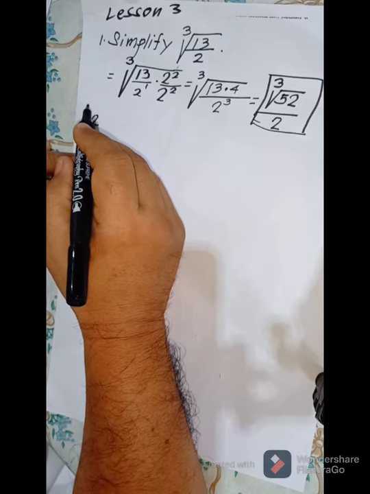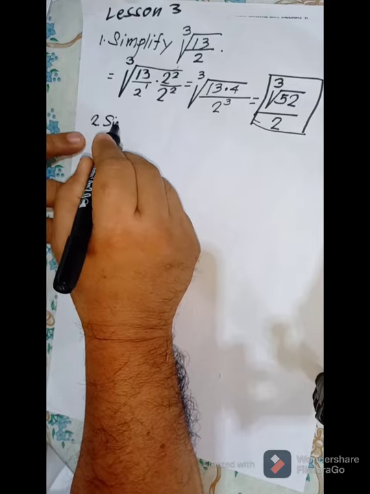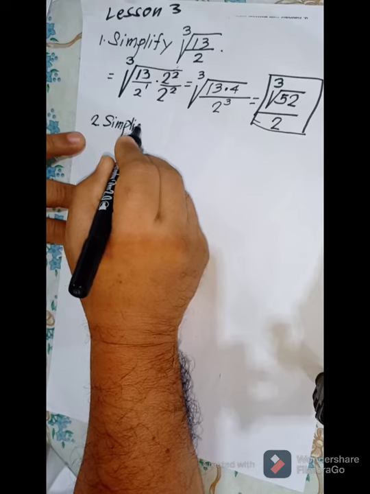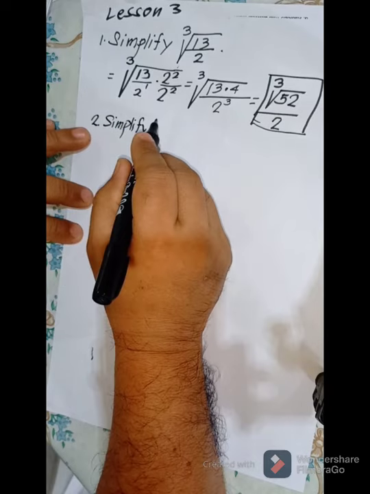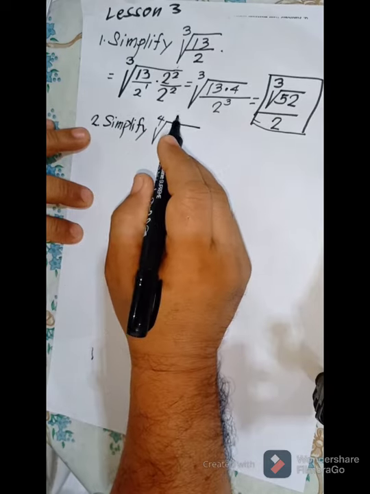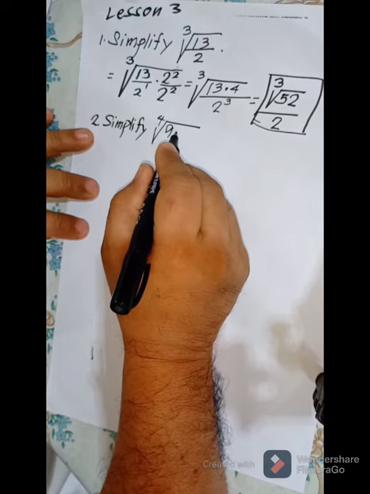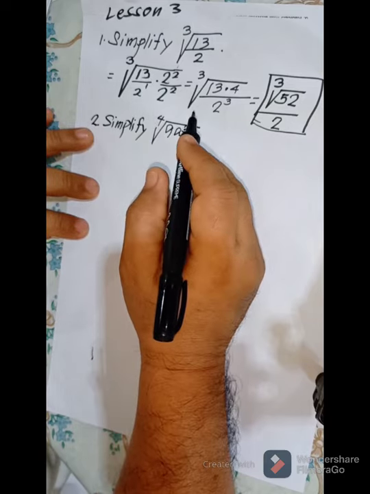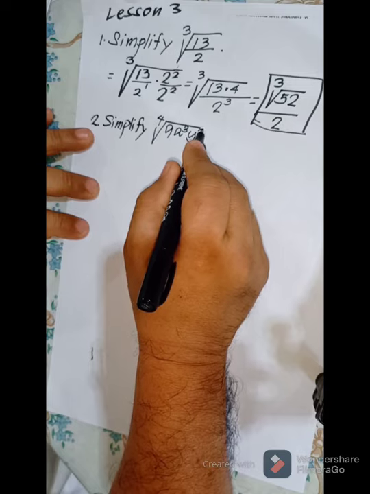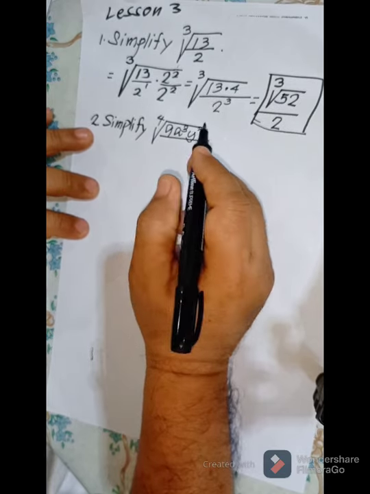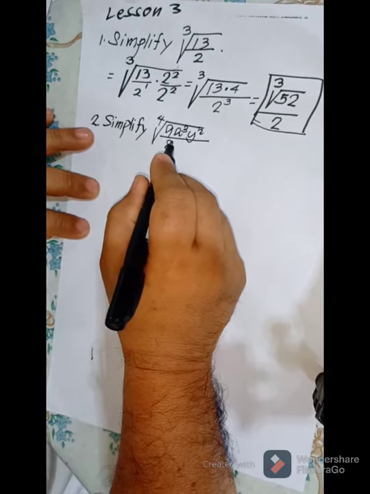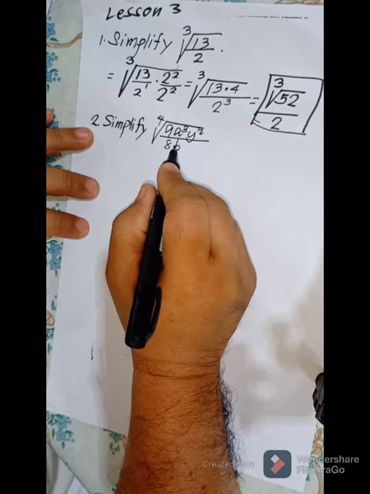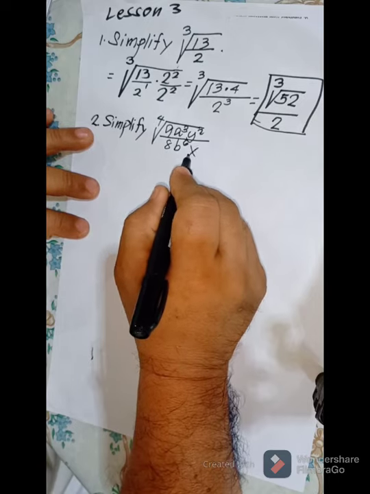Number 2 is simplify the fourth root of 9a cubed y squared over 8b to the power 6 x cubed.